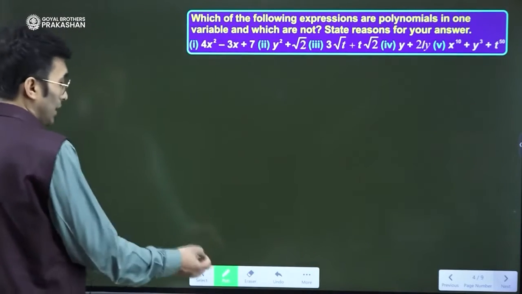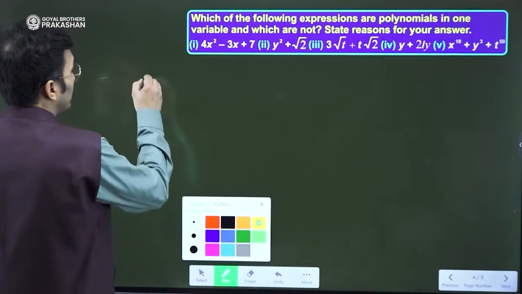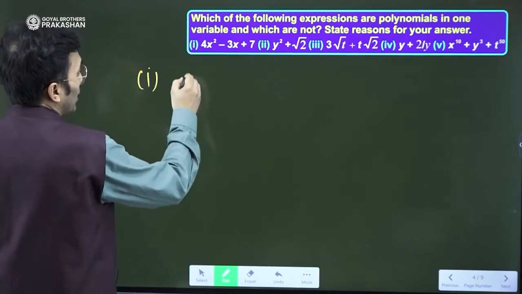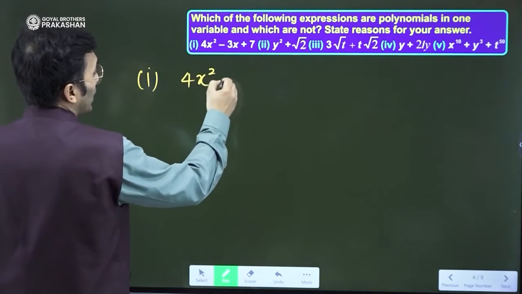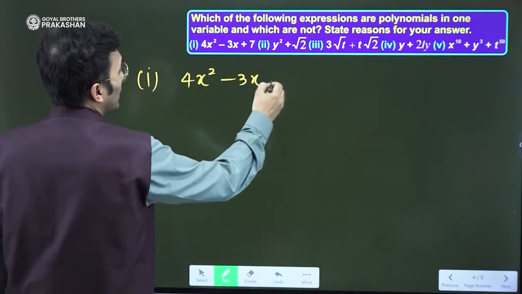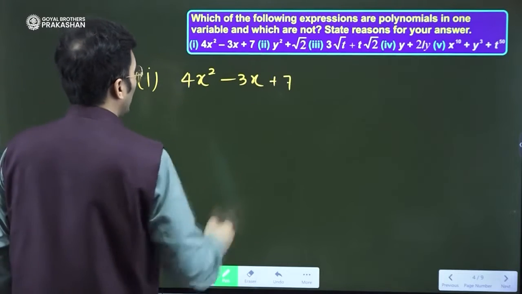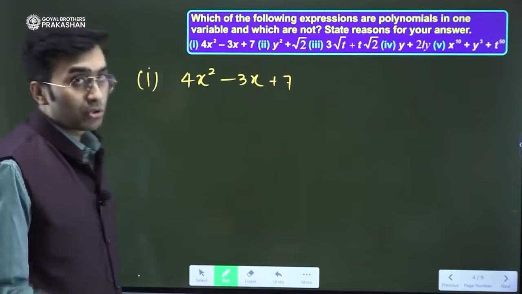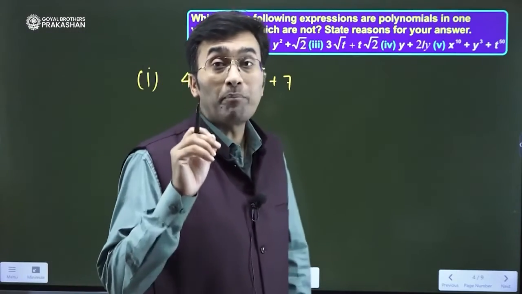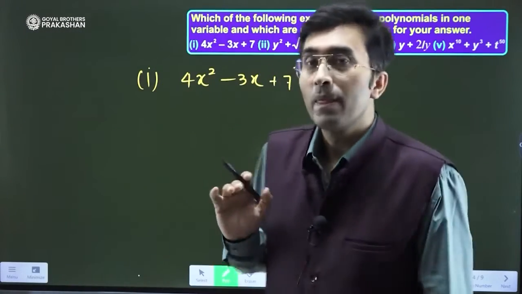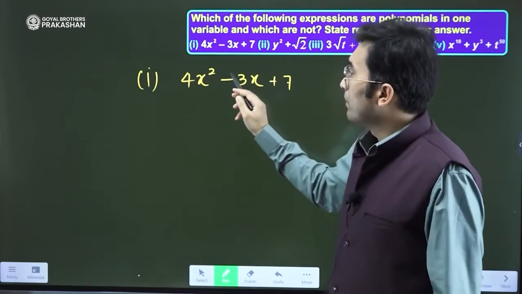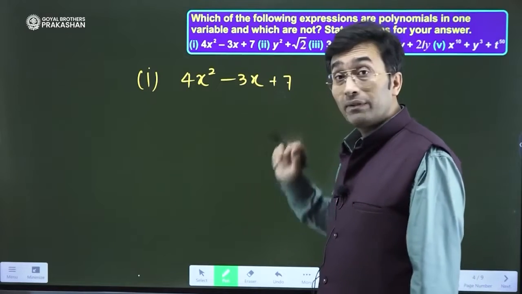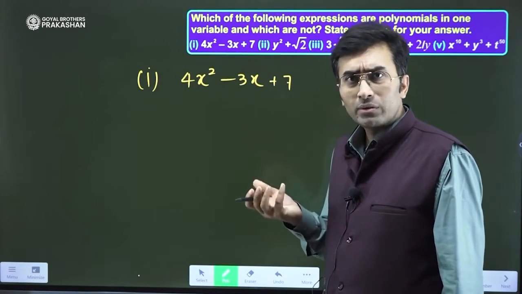Now see, the first question is given like 4x square minus 3x plus 7. To decide if it's a polynomial or not, we have to see the power of the variable. The power of x is 2, the power of x is 1, and this is 7. So that's fine.